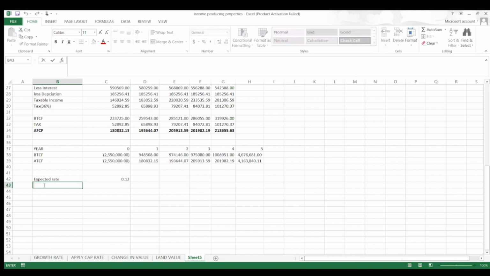So we can calculate the present value of the before tax cash flow, which will be equal to PV. Or rather, in this case, since we have these cash flows, even to make it easier, let's do the present value for each year.